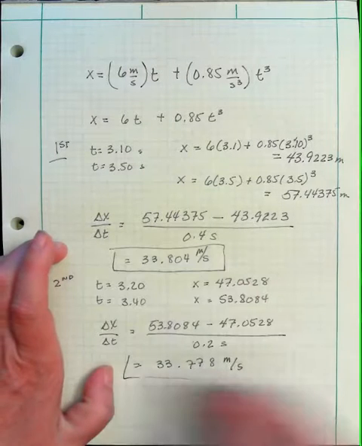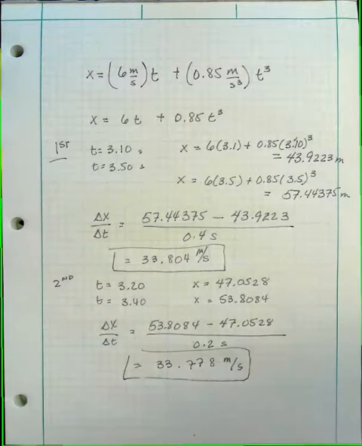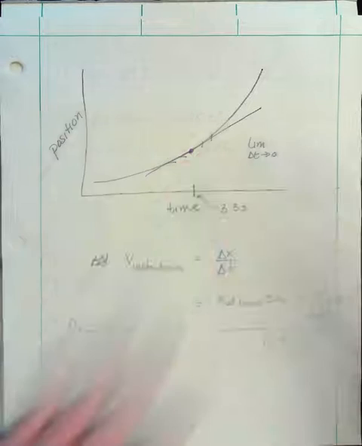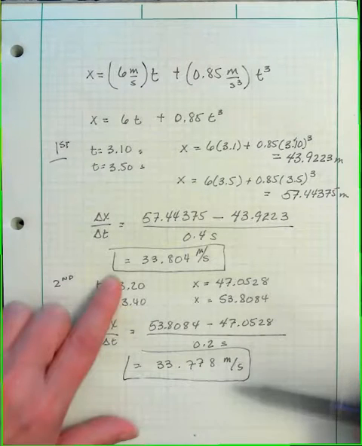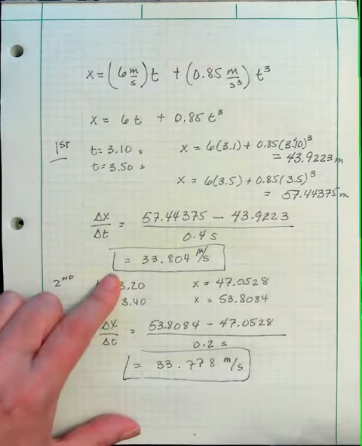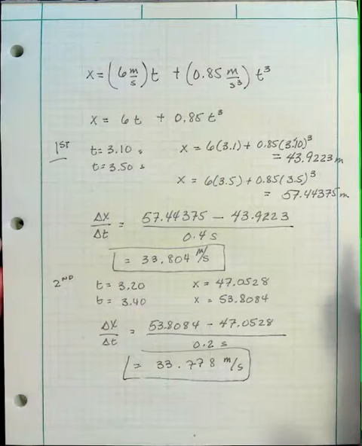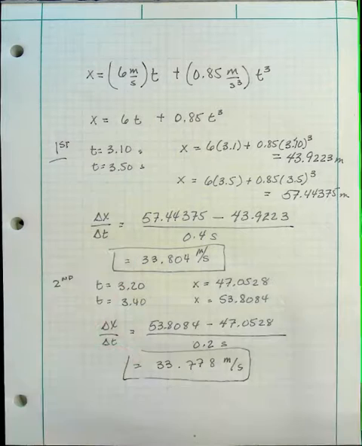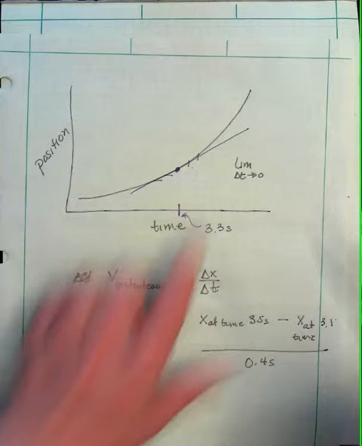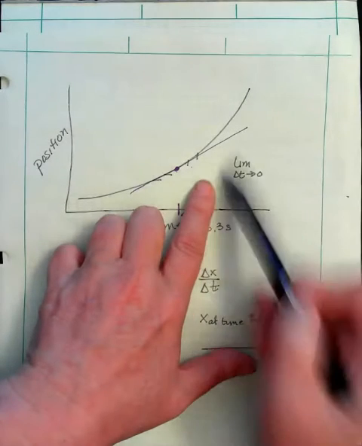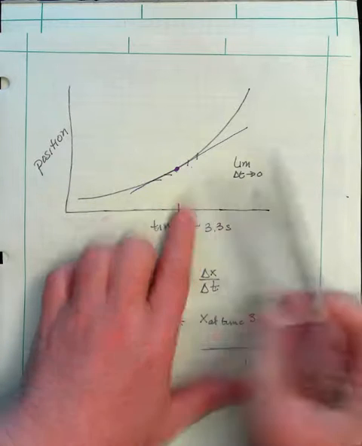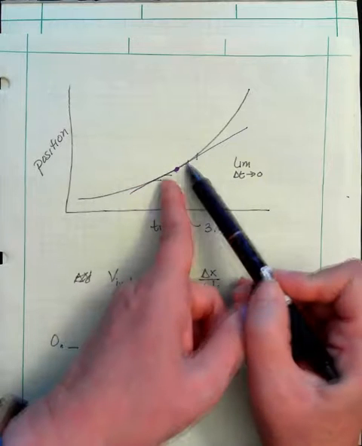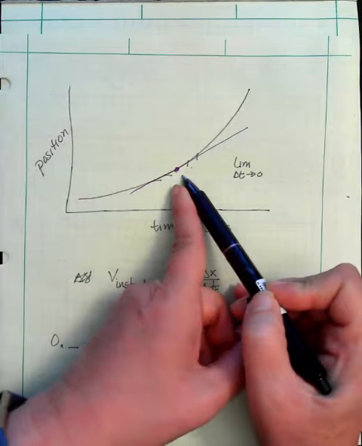And what we see is very much like what happens as I get closer and closer on my curve: there is a slight change in that instantaneous velocity based on where I'm looking at the curve. The whole point of this problem is to show you what's happening with that instantaneous velocity by looking at the tangent of this curve and getting closer and closer to that actual point.